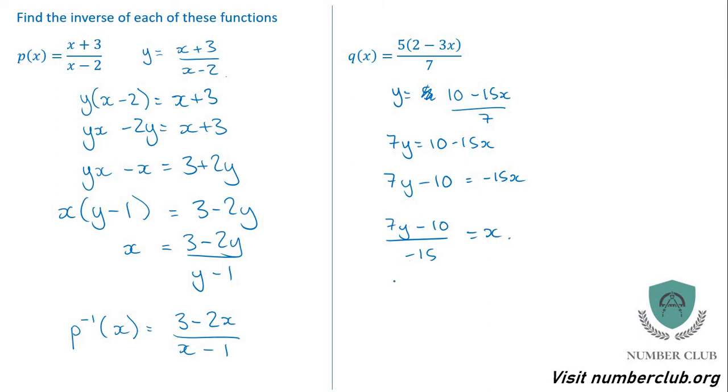I don't like to divide by a negative, so what I'm going to have is negative 7y plus 10 all over 15. Essentially what I'm doing is multiplying both the numerator and the denominator by negative 1. Okay, that will equal x. There's my form, so I know that q to the negative 1 of x will equal negative 7x plus 10 all over 15.